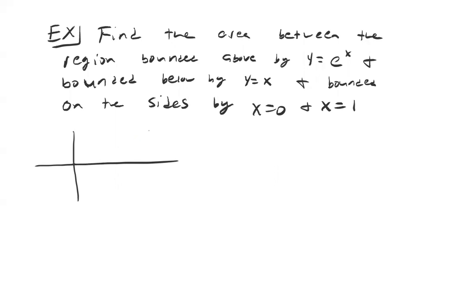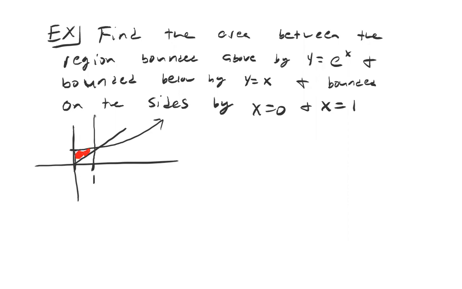E to the x starts at 1, so I was getting confused. It goes off like that. Y equals x is going to look something like this. And let's say this is x equals 1 here. So we're going to draw a line there, and x equals 0. So I'm interested in the area inside here.